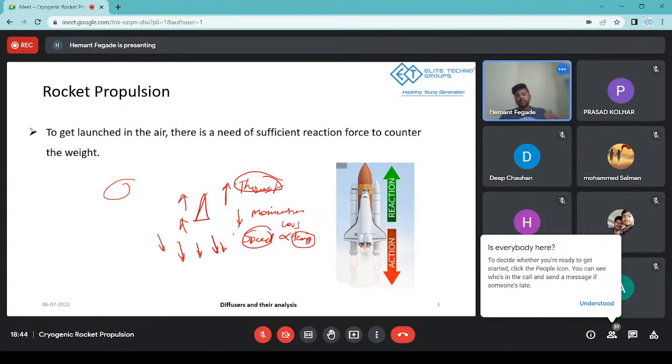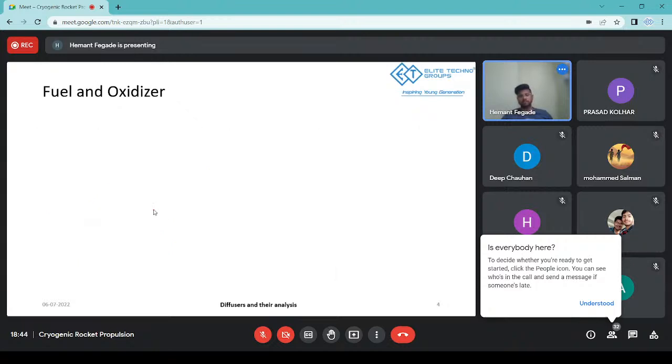Taking these criteria, one term comes to mind, which is specific impulse. Does anybody know anything about specific impulse, what it is? Anybody wants to share?